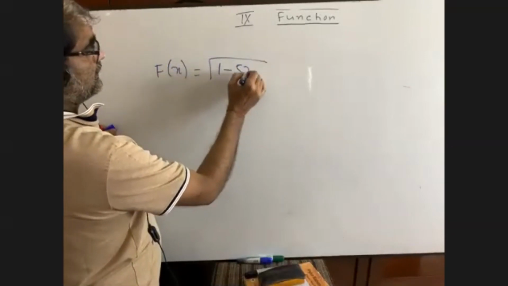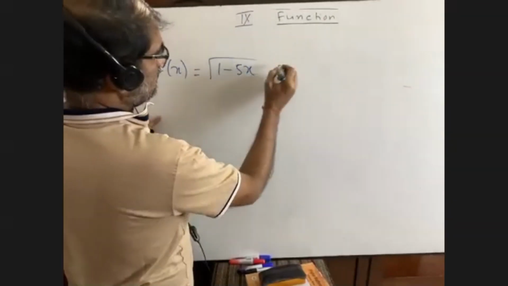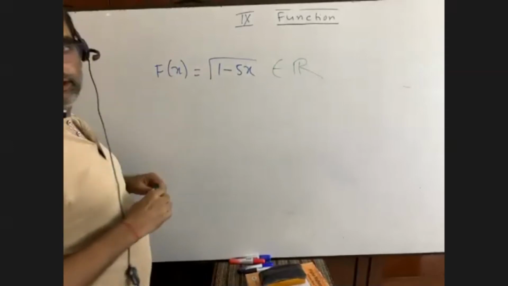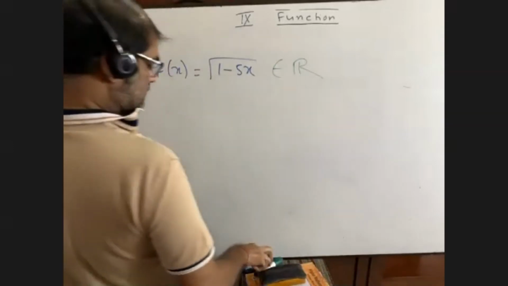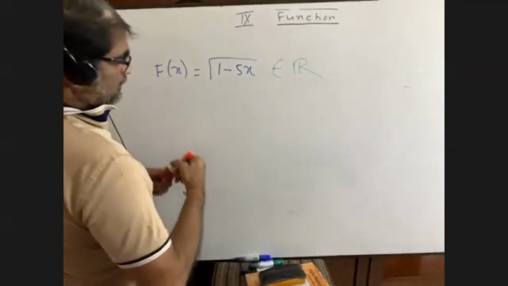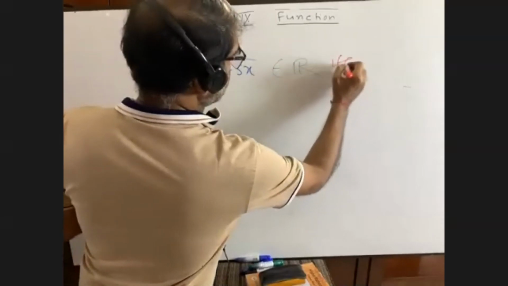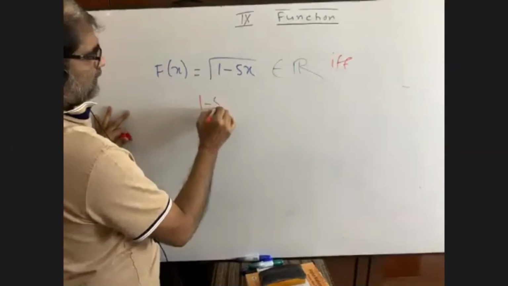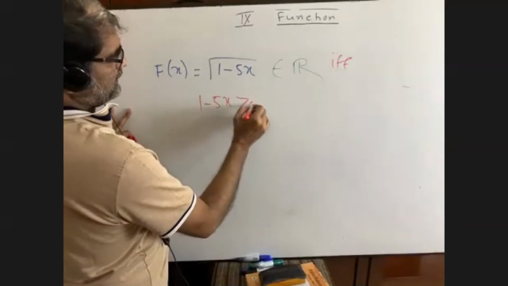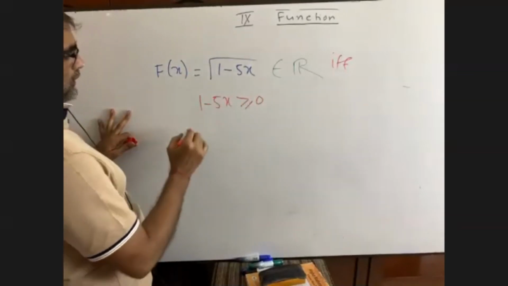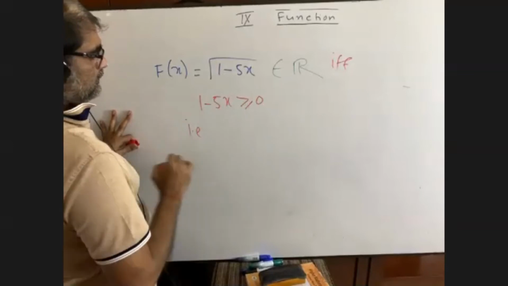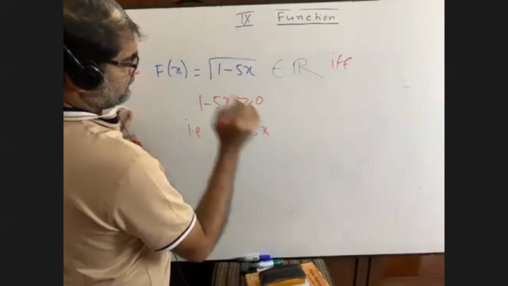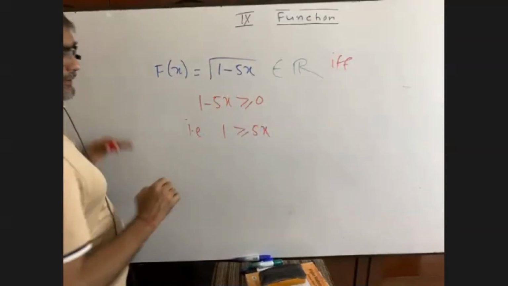Find it. What is the domain? f belongs to R if and only if 1 minus 5x is greater than or equal to 0.